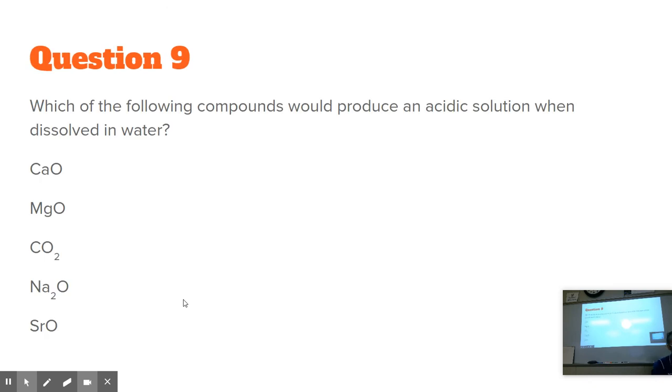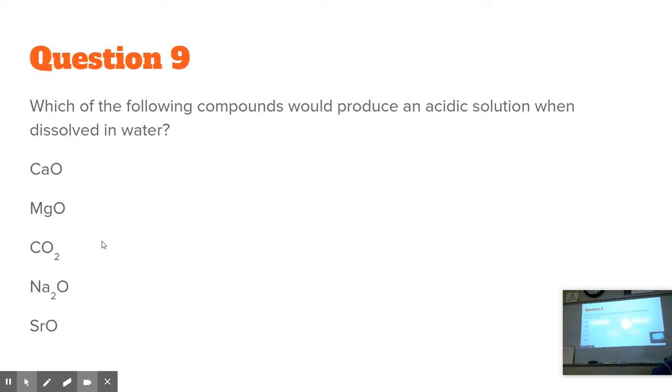And I believe this might be the last question. Which of the following compounds would produce an acidic solution when dissolved in water? You've got calcium oxide, magnesium oxide, carbon dioxide, sodium oxide, or strontium oxide. One of these is very different from the rest.